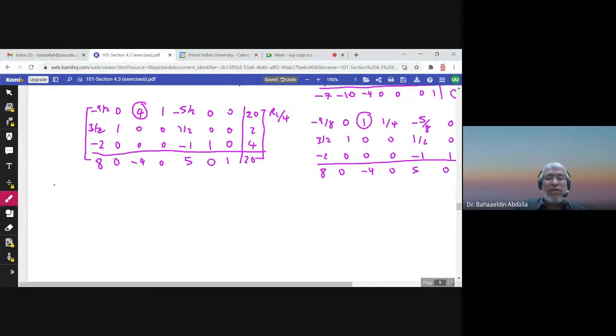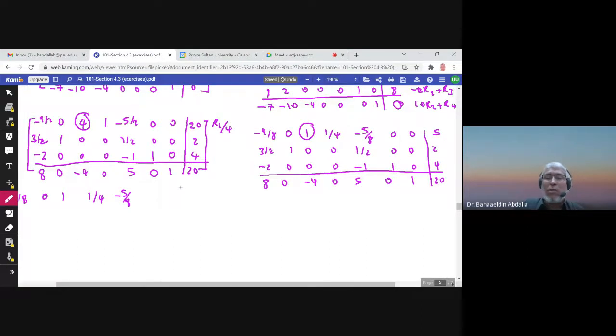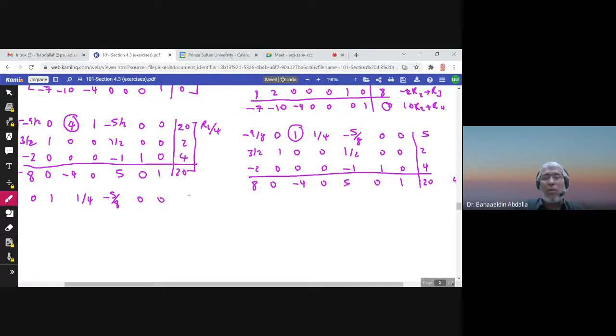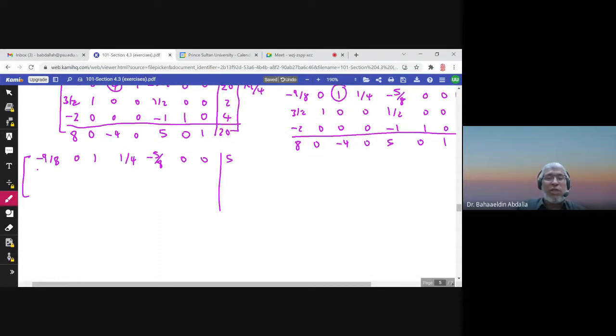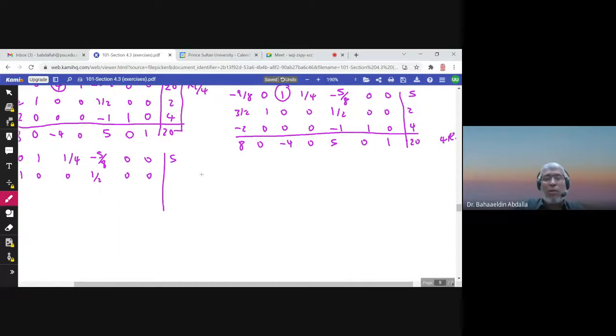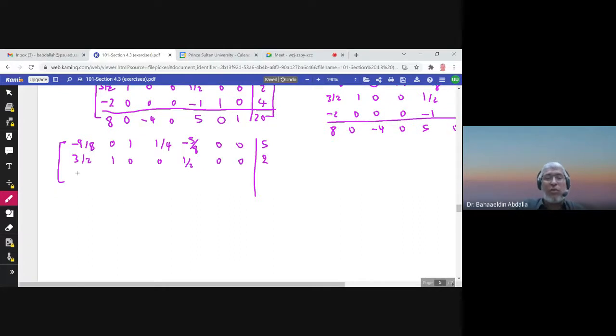So in fact, there is no change in the first row. No change in the second row. No change in the third row.